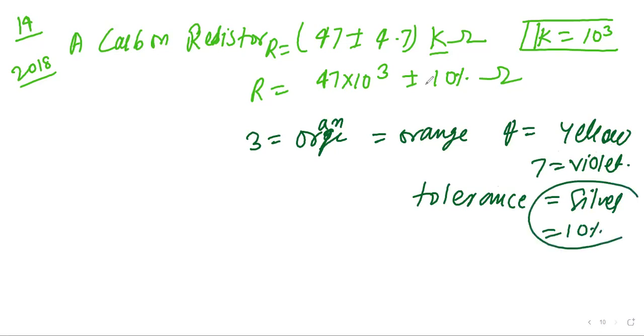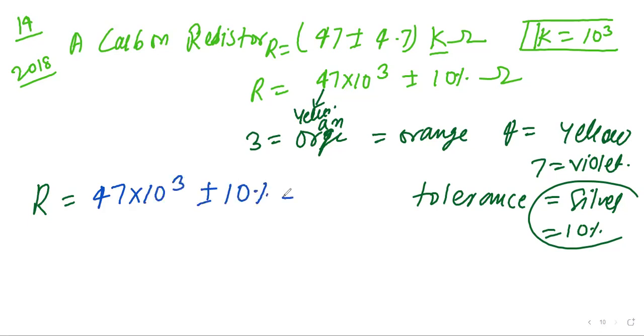So we show the color code. The color code will become 4 for yellow. I will write here in the next step: R equal to 47 into 10 raised to 3 plus minus 10% ohm.